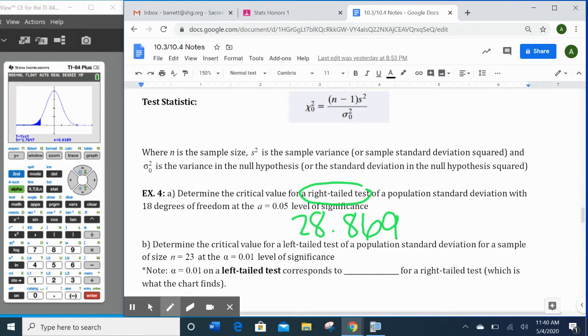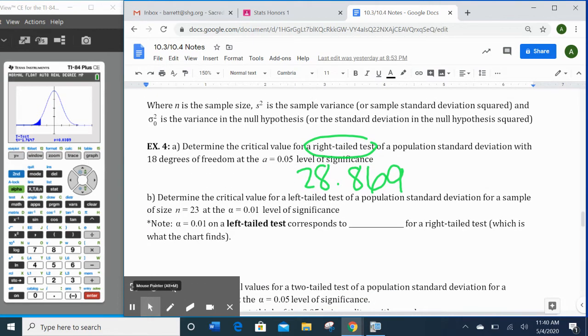Part B says determine the critical value for a left-tailed test for a sample size of n equals 23 at the alpha equals 0.01 level of significance. Because the chart is the area to the right, the alpha of 0.01 on a left-tailed test corresponds to 0.99 on the chart.